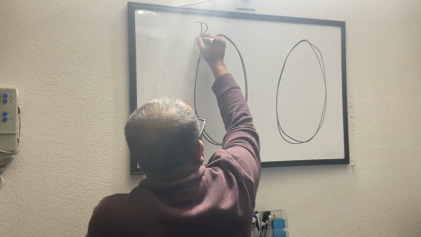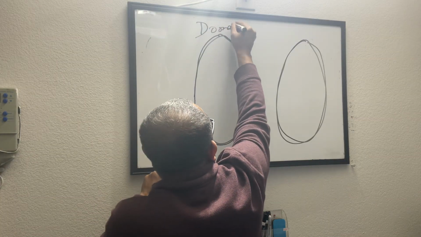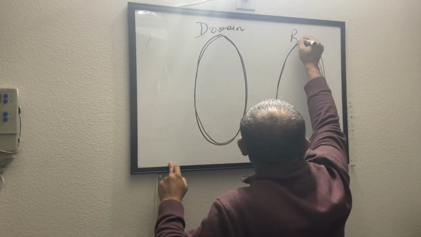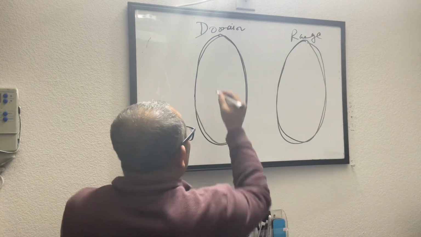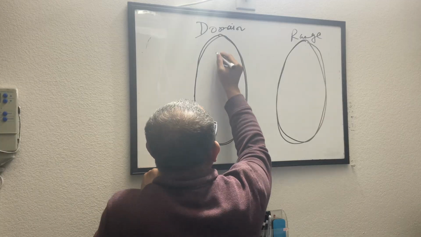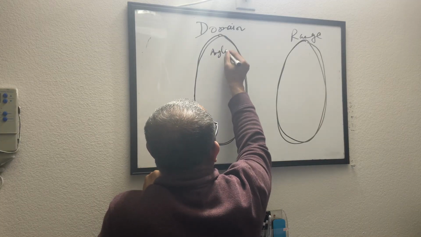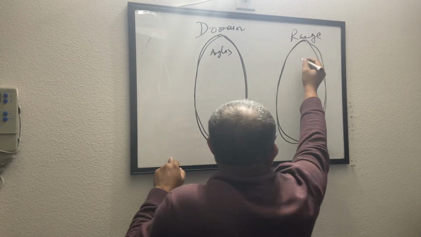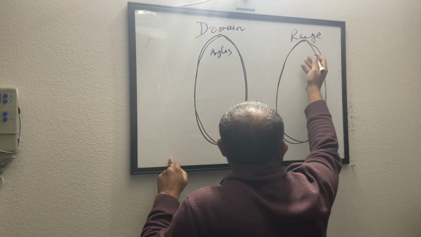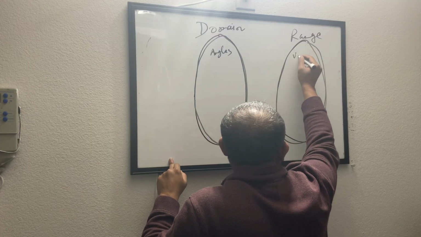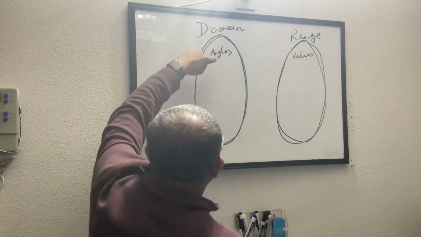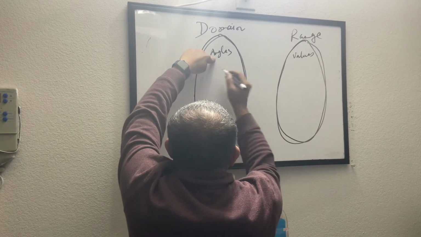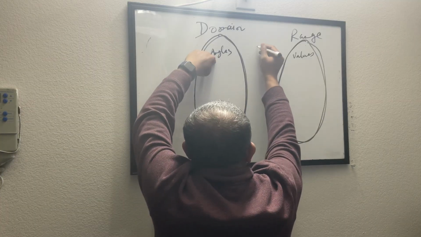Okay? So I'm calling this egg my domain and this egg my range. So you are giving an input. Here my inputs are angles. And here in the range my outputs are values. Let's talk about trig function sine.